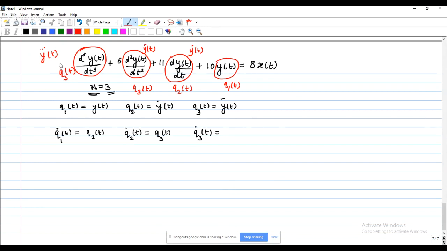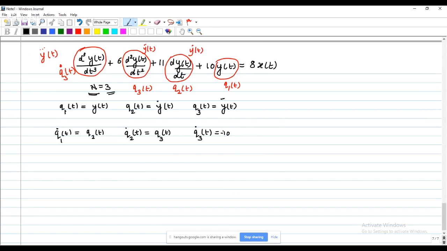So what will be q3 dot (t)? Taking all of these terms on the other side, and then writing in terms of q1, q2 and q3, starting with the lowest one.